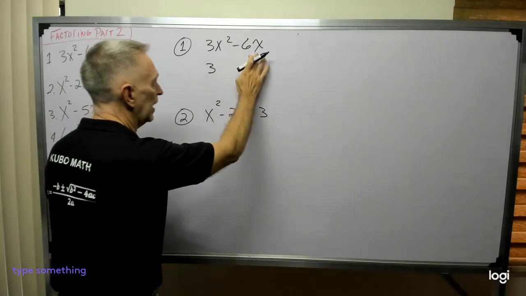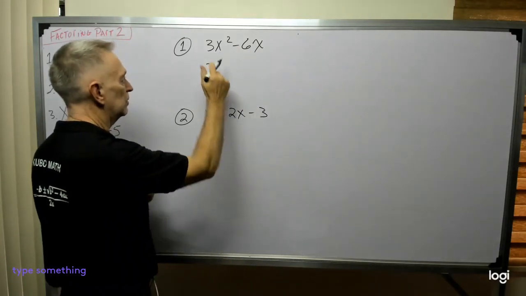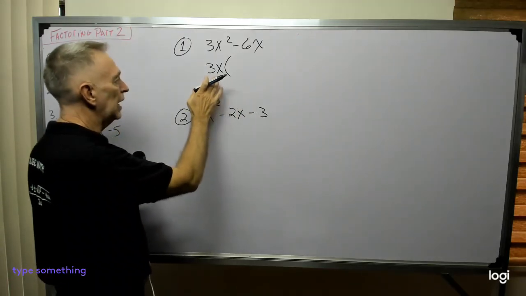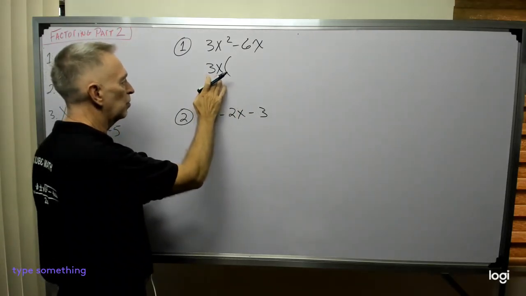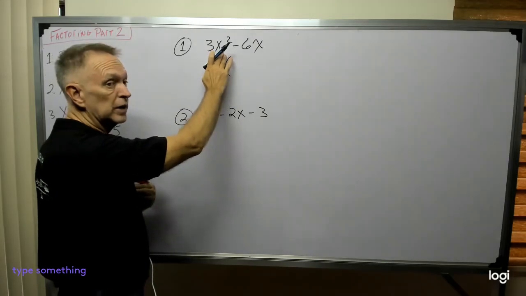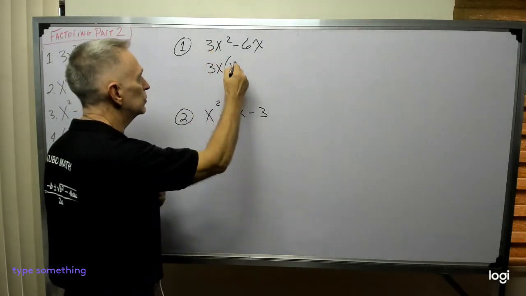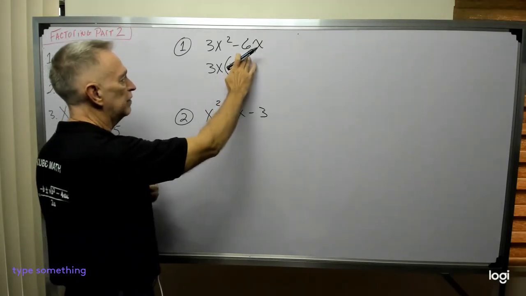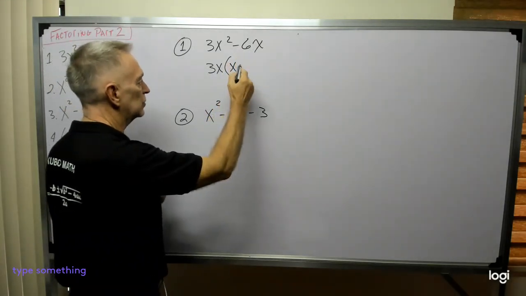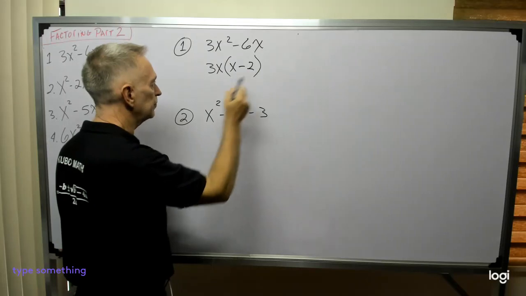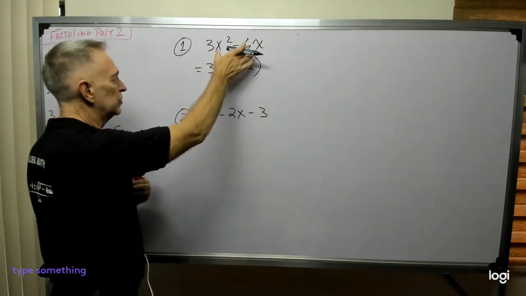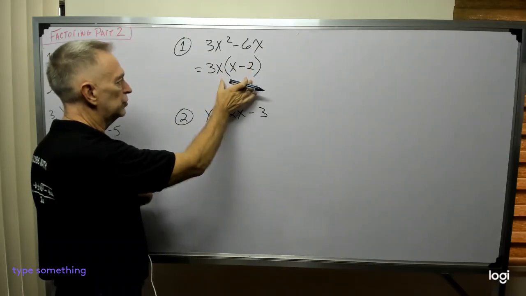I have an x here and an x to the second power here, so I can pull one of those x's out. Now the question, what do I multiply by 3x to get 3x to the second power? It's x. What do I multiply times 3x to give me a negative 6x? It's a negative 2. So that would be what this original equation reduces to when factored.